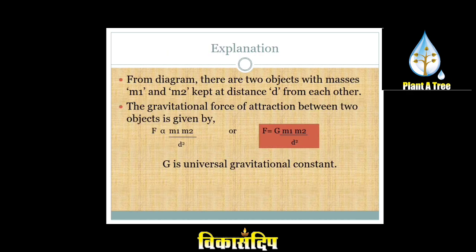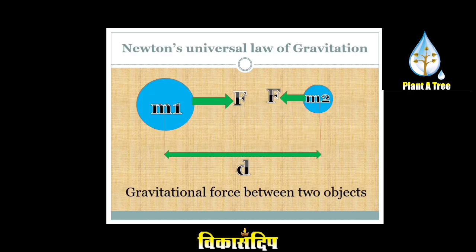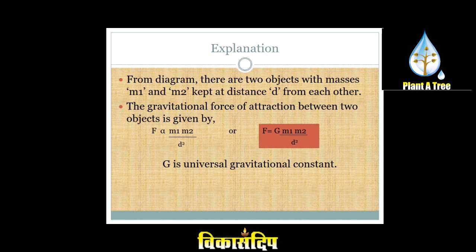The explanation is from the diagram we have seen previously. There are two objects with masses m1 and m2 kept at distance d from each other, and we are interested in finding the gravitational force of attraction between these two objects, which is given by Newton. F is directly proportional to m1 m2 upon d square.